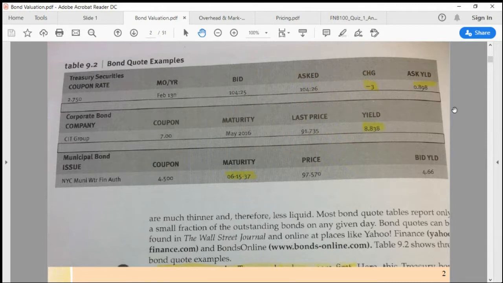But again, the tenfold difference is quite obvious, and the difference in coupon rate is not the only factor. There is also the factor of what is the selling price now. The selling price of this Treasury was like $1,040 something, whereas the selling price of this corporate bond is $917.35.